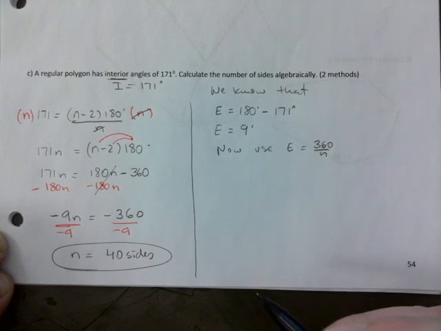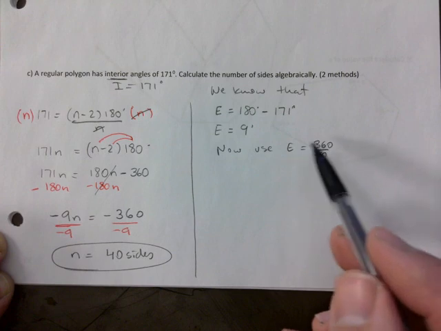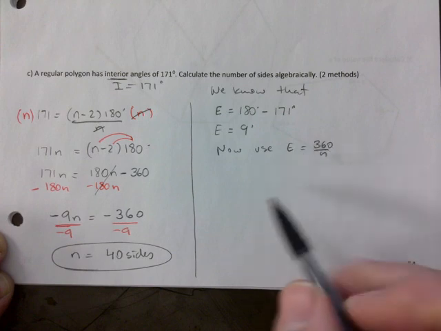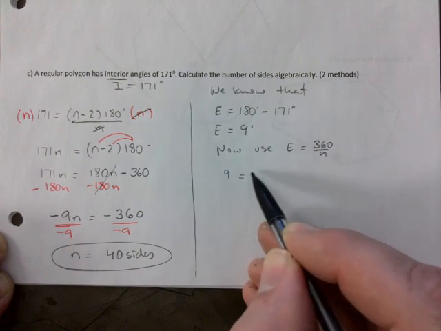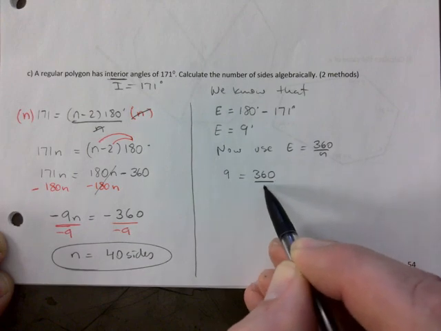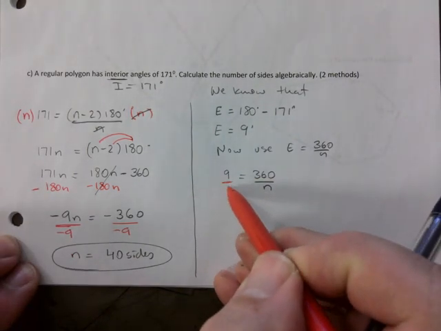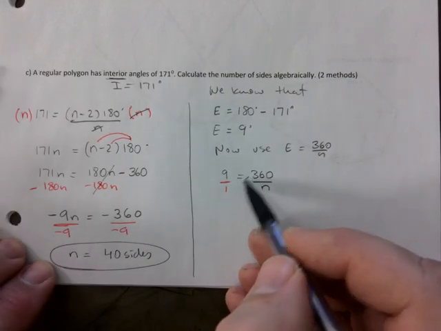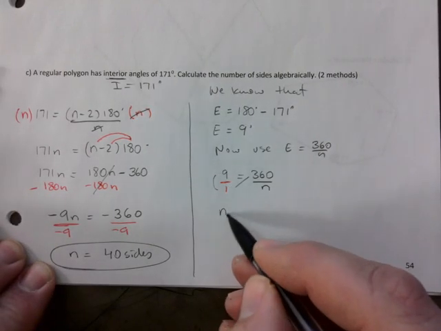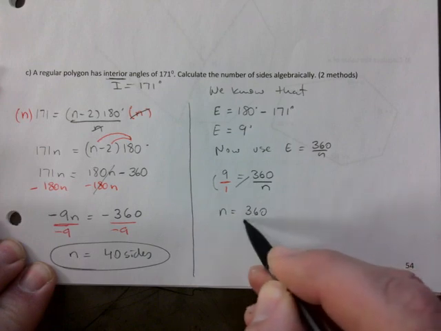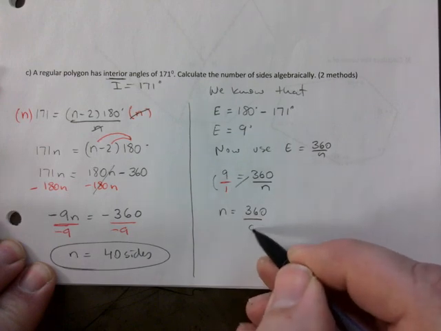Isn't that so much easier? You're doing it backwards on this one. So I will say 9 degrees is equal to 360 over n. You put the 1 under here because it doesn't change anything. Cross multiply and divide. So you have 360 divided by 9.